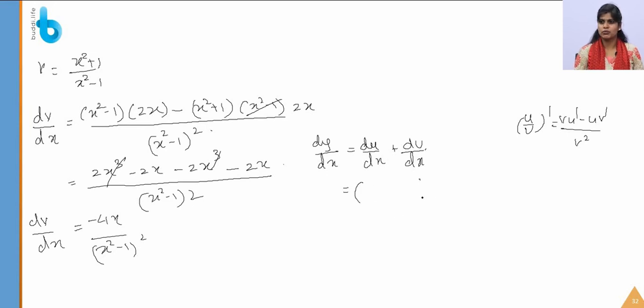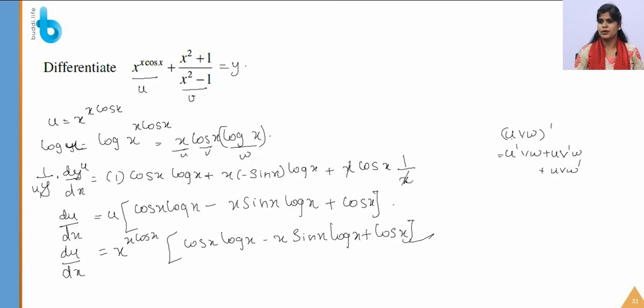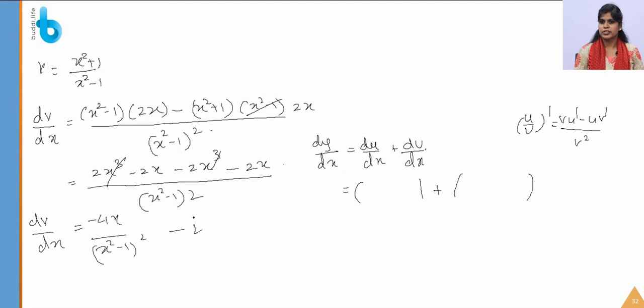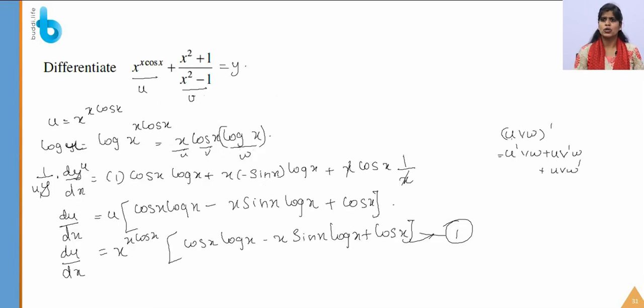Therefore on substituting both the terms you will get this answer, that is, let this term be 1 and let it be 2, on 1 plus 2 you will get the answer. Okay, the main aim of the question is how you bring logarithm while differentiating and how you use your quotient rule. Okay, I hope you understand.